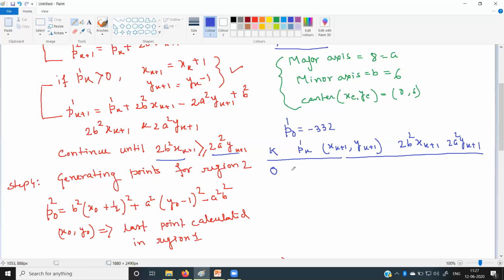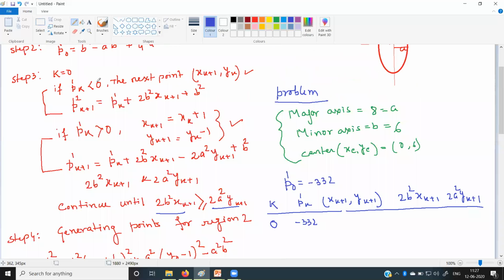So we'll start from k equals 0. What is P0? Minus 332, so it is less than 0. If it is less than 0, the next point is xk plus 1. What will be the initial x? We will shift the center of the ellipse to the origin.